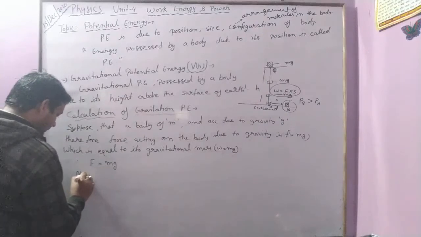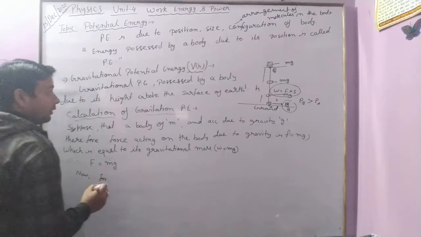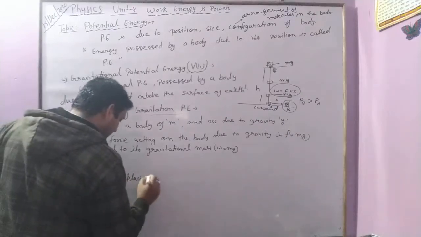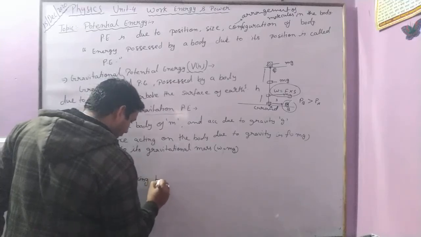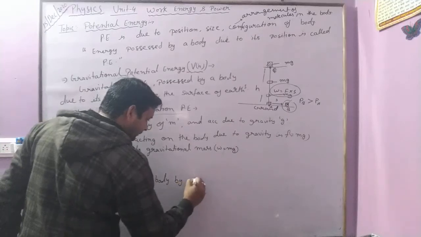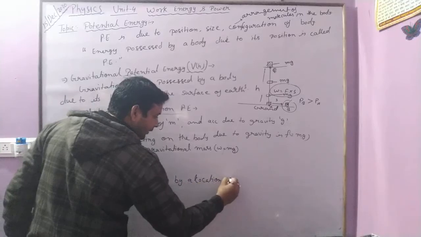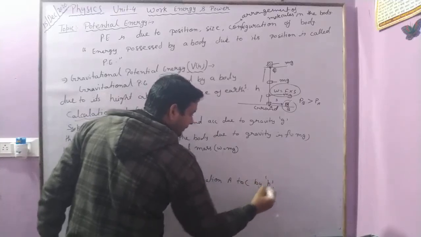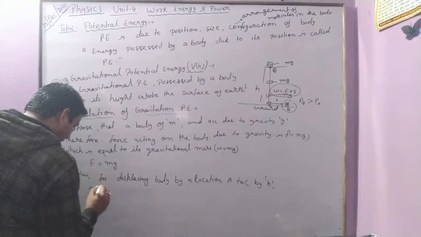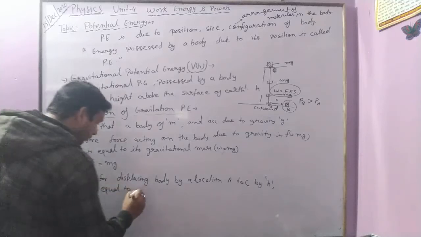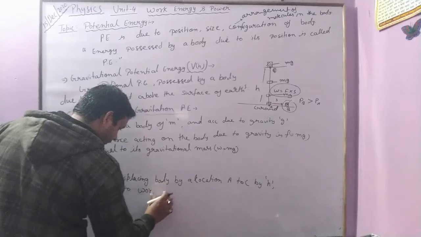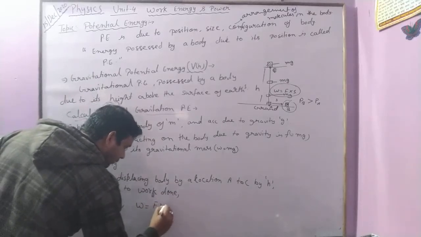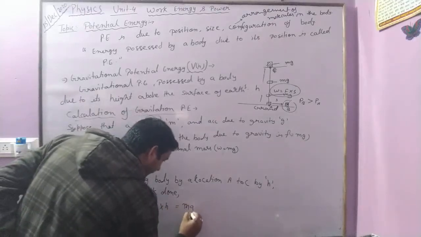Now for displacing the body from location A to C by height h, the work done is equal to force into height, that is mgh.